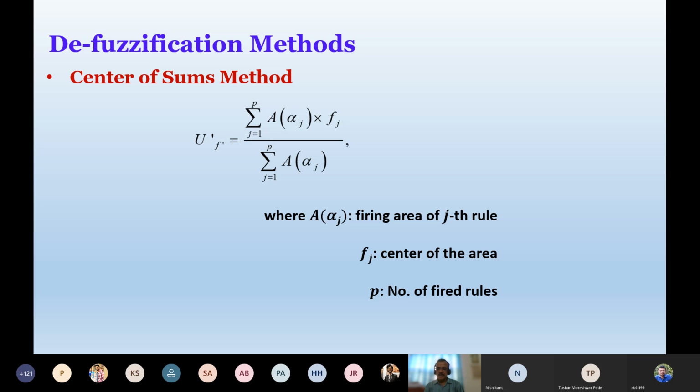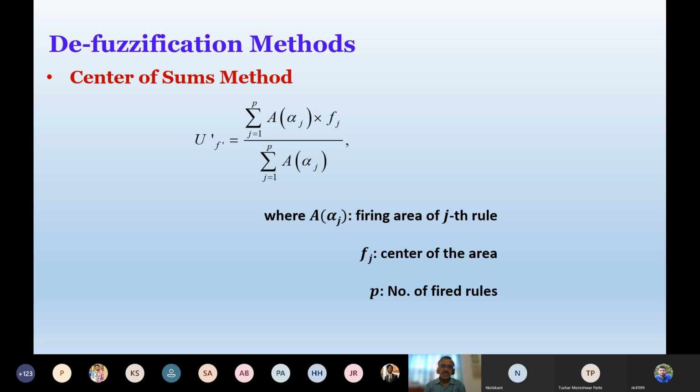How do we find the area under that curve, the truncated area of the membership function distribution? If it is a nonlinear distribution, there is no way out but to go for integration, and integration is computationally very expensive. So the center of sums method is going to take a reasonably high CPU time to determine the crisp output.